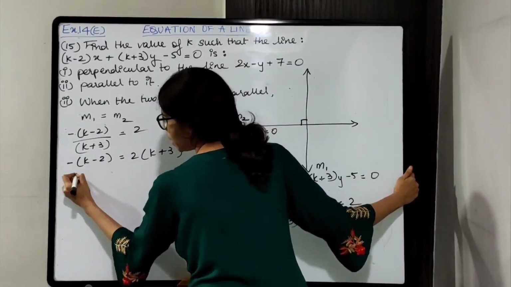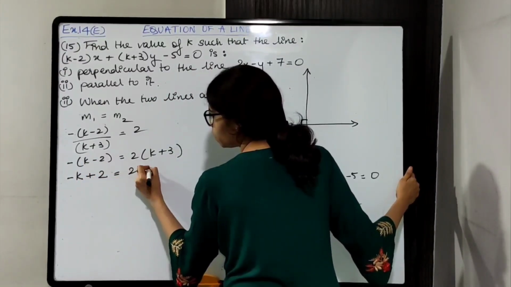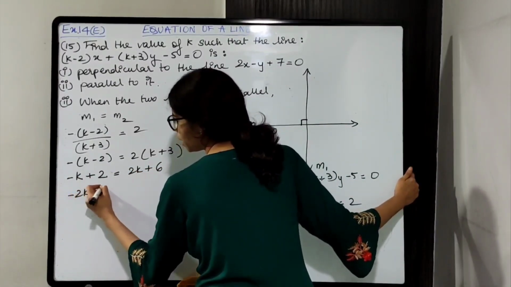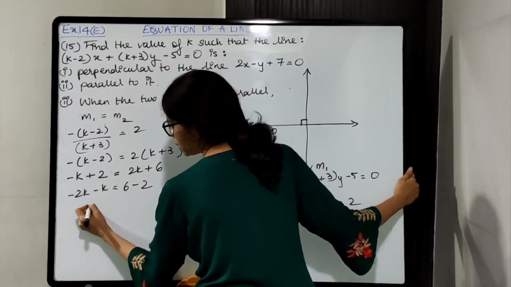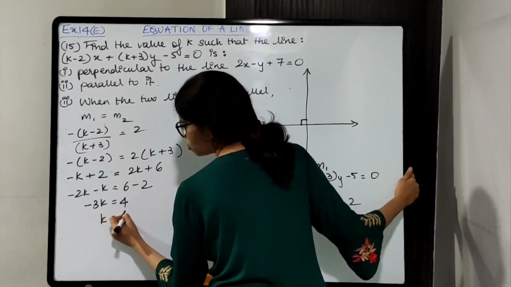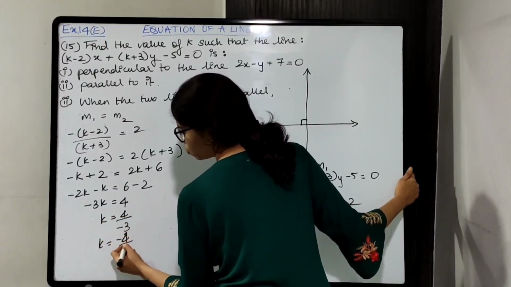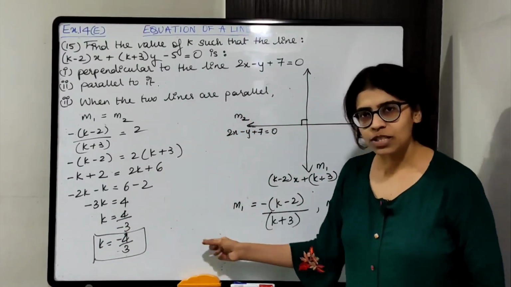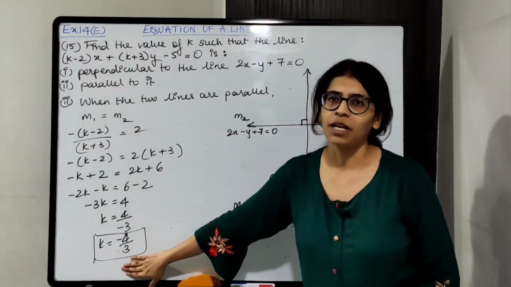Open the brackets: minus k minus minus plus 2 over here, 2k plus 6. So shifting 2k over here, minus 2k minus k, and 2 over here, 6 minus 2. So we are getting minus 3k equals 4. So k is equal to 4 upon minus 3, bringing minus in the numerator: minus 4 upon 3. Box the value. Write down the statement again: when the two lines are parallel, the value of k is minus 4 upon 3.